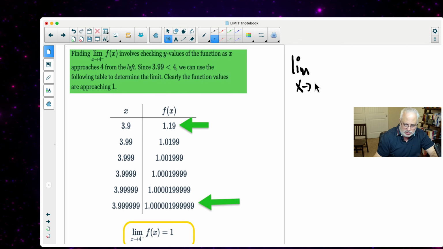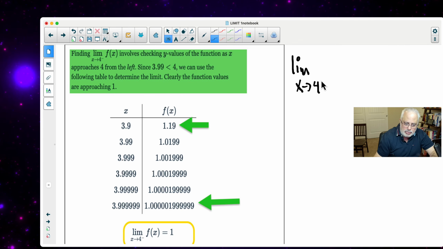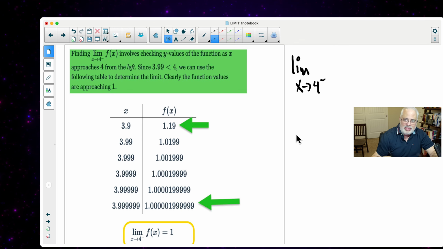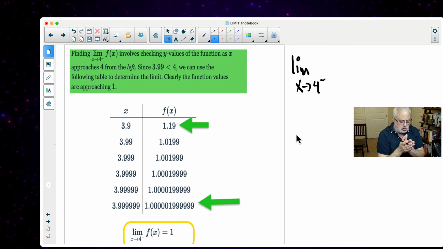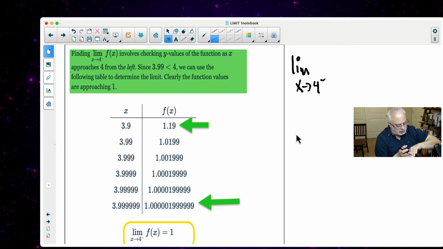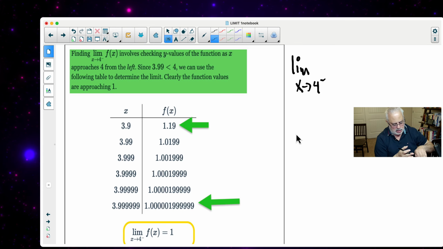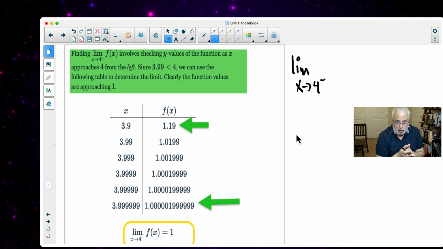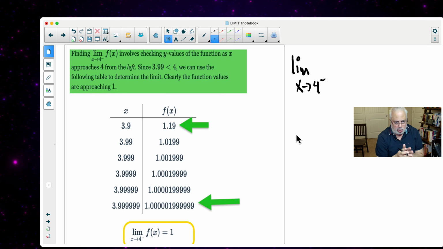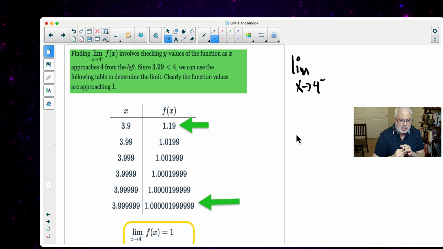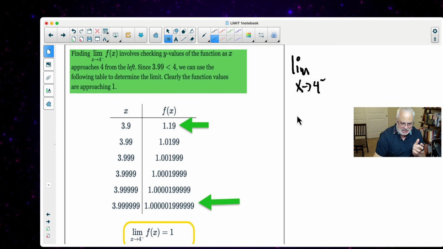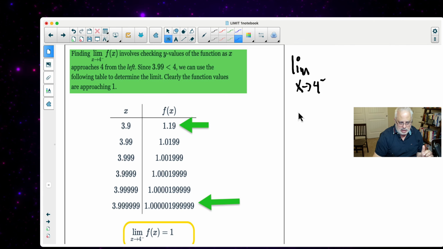That certain value in this case is 4, and they put a negative right here. What they mean is that you are going to check the behavior of the function from the left of the point. If x is approaching 4 from the right, they will use the following notation.